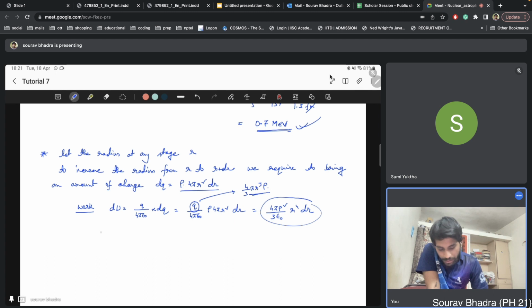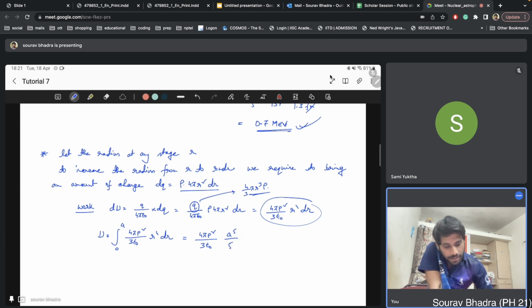So the total work, that means to make the nucleus from a point to a radius of small a, will be just the integration over this. Okay, and if you do this integration, I will not do it, the result will be 4 pi rho square by 3 epsilon 0 into a to the power 5 by 5.